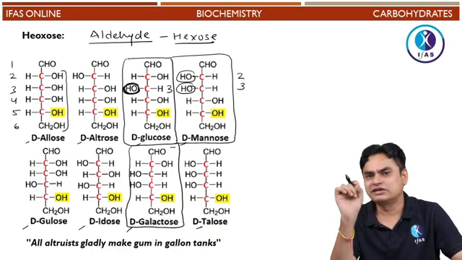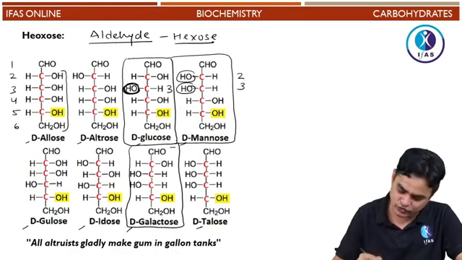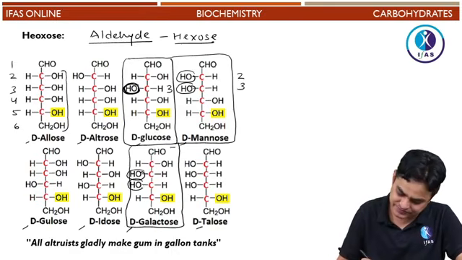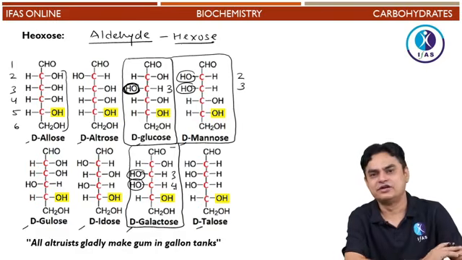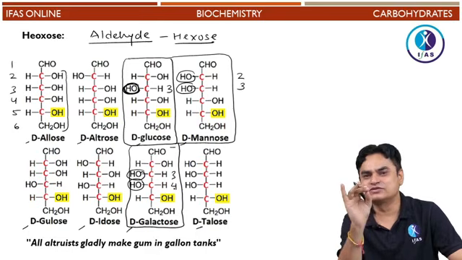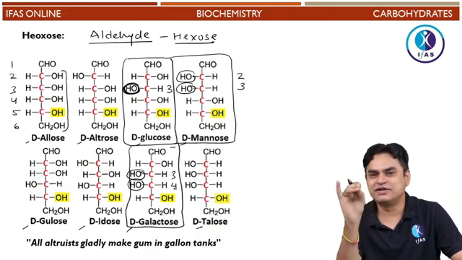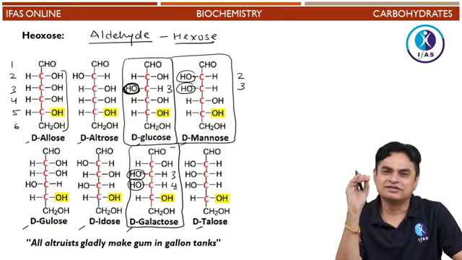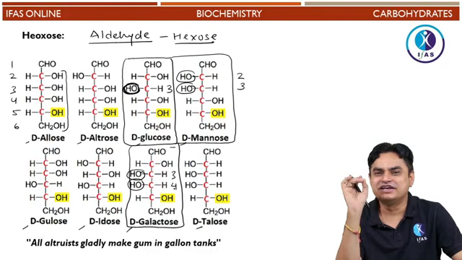In glucose, the third carbon is on the left side. In mannose, the second and third carbons are on the left side. In galactose, the third and fourth carbons are on the left side. So if only the third is on the left, it is D-glucose. If second and third are on the left, it is mannose. If third and fourth are on the left, it is galactose.